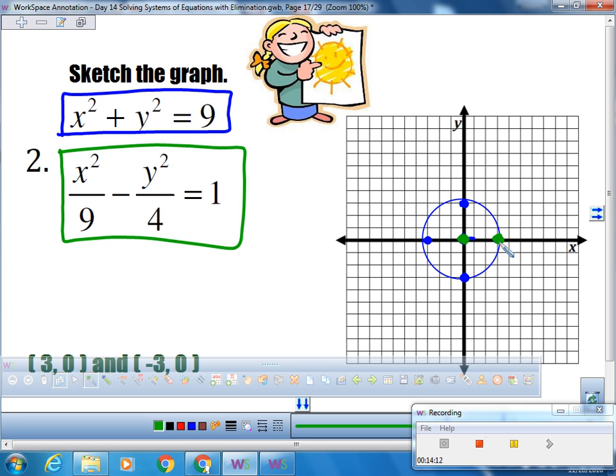There's my intersection at 3, 0, and out 3 this way, negative 3, 0. This one, I'm going to go up 2 and down 2. There's my slope box, right? I'm going to do it just really light, because that's not what's intersecting the graph. That just shows me where my asymptotes are going to go.